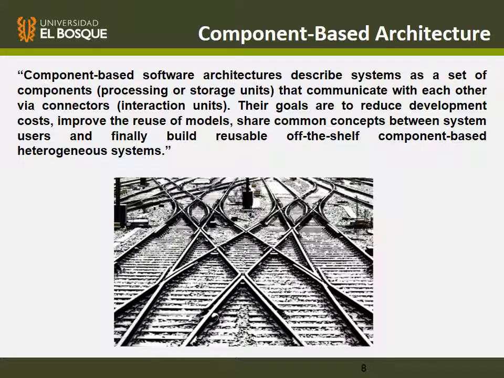So, in component-based software architecture, we try to describe the system as a set of components that communicate with each other. Building a system using this architecture allows us to have low development costs and a high level of reusability of the system elements.